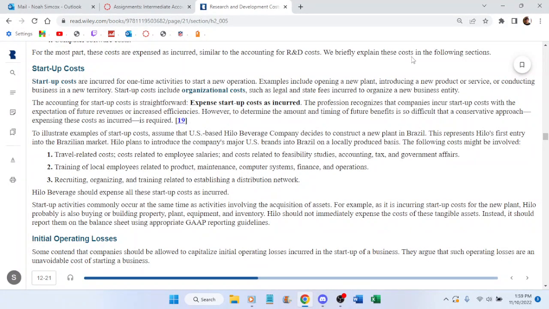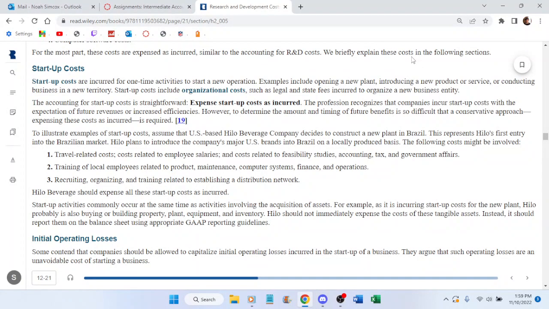So we have travel related costs, costs related to employee salaries, costs related to feasibility studies, accounting, tax, and government affairs. Training of local employees related to product maintenance, computer systems, finance, and operations.